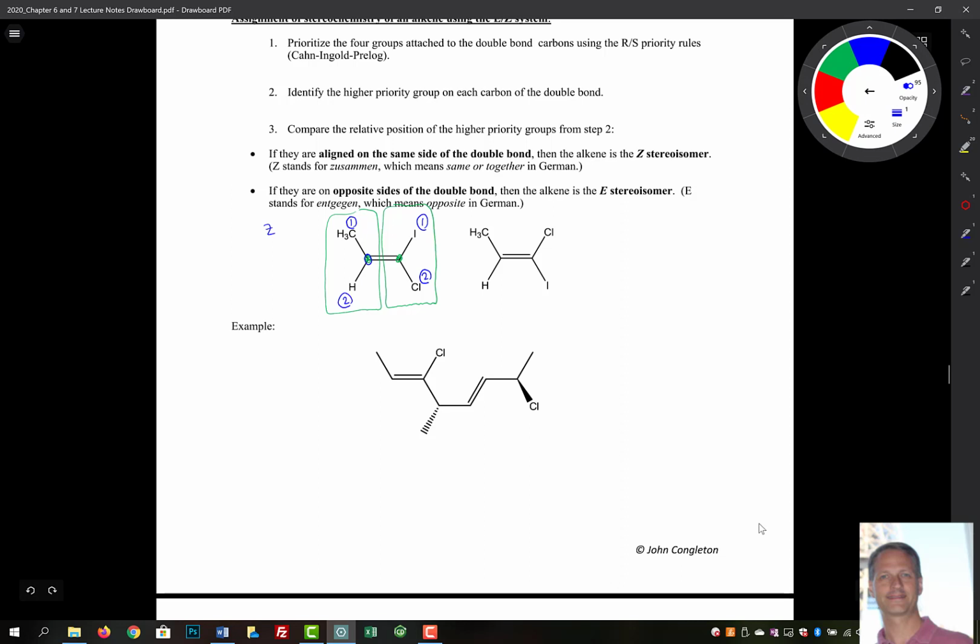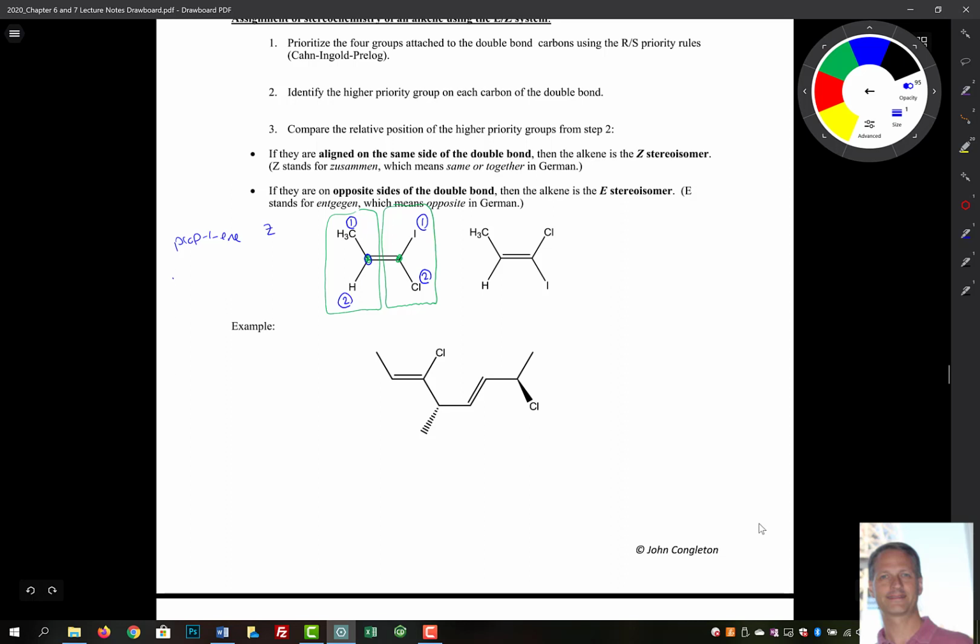Here we have 1, 2, 3 carbons, so it's propene, right? Or 1-propene. So we'll name it over here on the side. So prop-1-ene. And then stemming off of carbon number 1 here, because we number from this side, because we want that number to be 1, we have a chloro and an iodo.